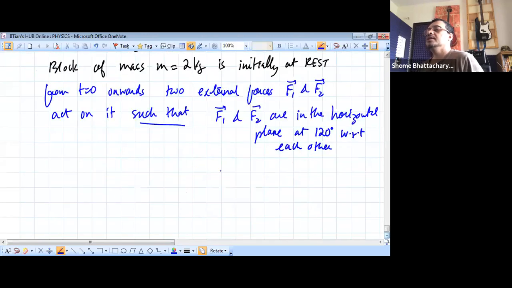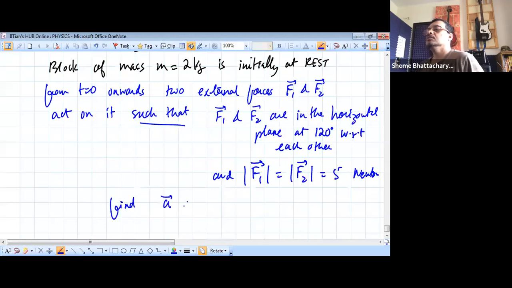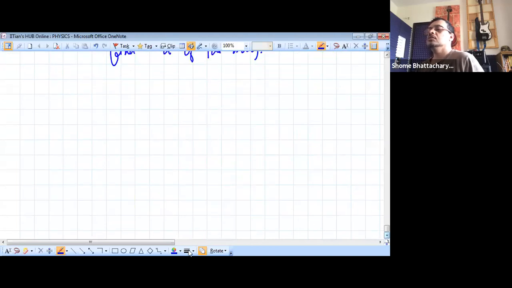Okay. And the magnitude of F1 is equal to the magnitude of F2, equal to 5 newtons. So find the acceleration of the body. Now to help us understand this better, we are also given the top view. The top view, that is the view from above, is like this.